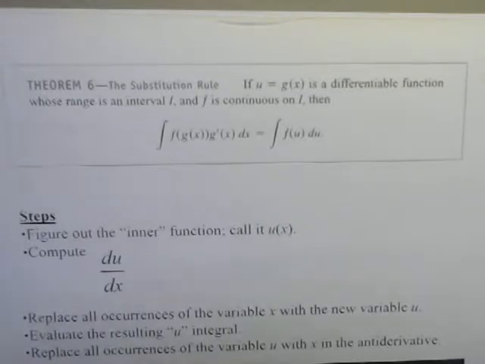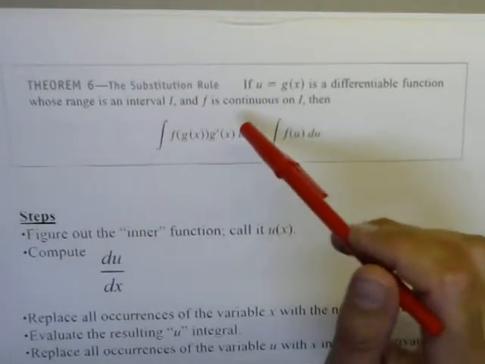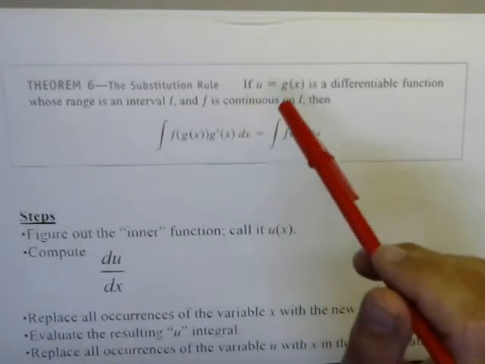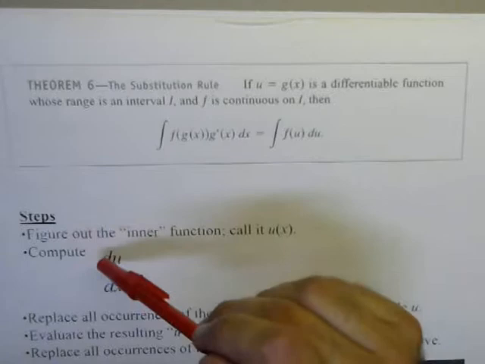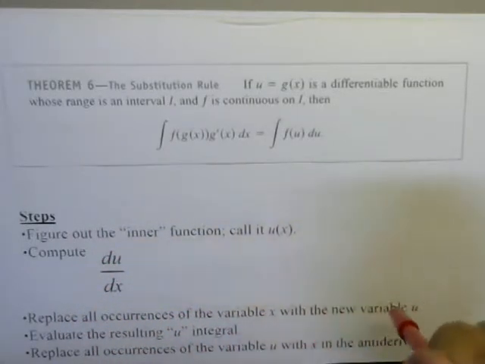The way the substitution method works is you basically try to replace something in the integral with something so that if you take its derivative, you get something like what's in the rest of the integral. At least that's the way it's supposed to work. So you'll make some substitution for g of x in the integral, and then you'll replace all occurrences of the variable x with the new variable u.